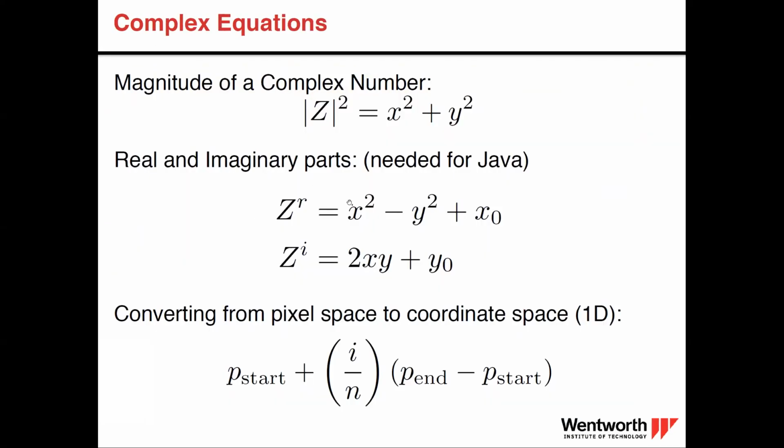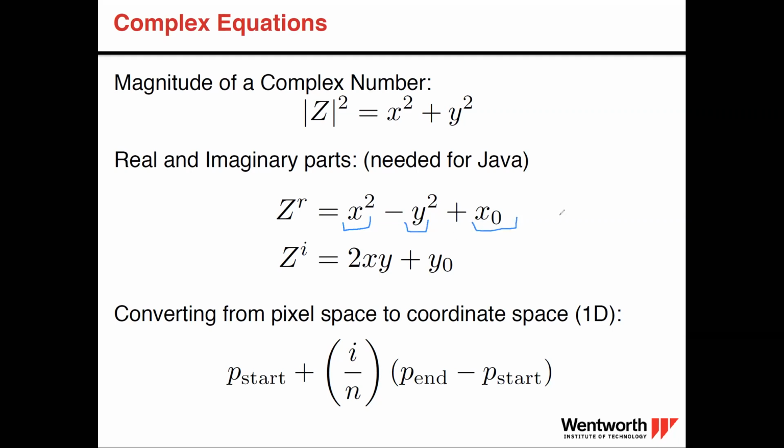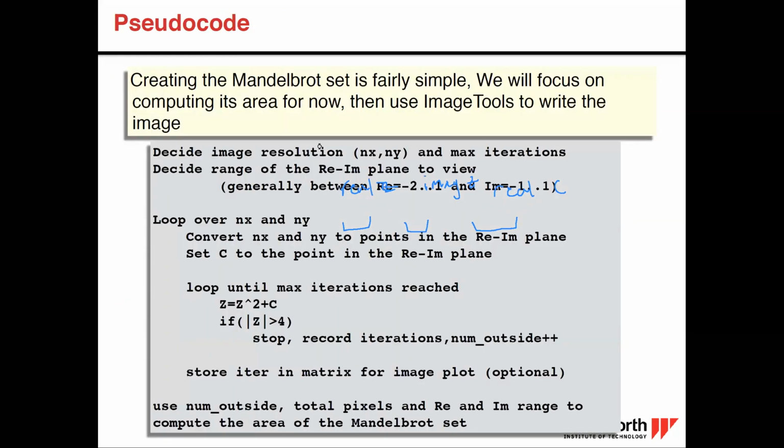The real part of Z is equal to the real part of Z squared minus the imaginary part of Z squared plus the real part of C. So remember that this is the real part of Z, the imaginary part of Z, the real part of C. This is real C, this is real Z, and this is imaginary Z, the imaginary part of Z. So that's where these values come from. That's exactly what I'm going to code up.